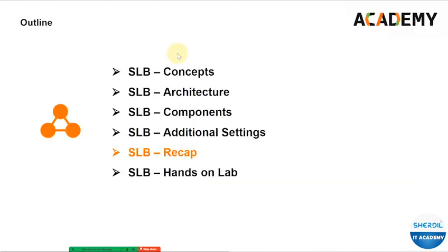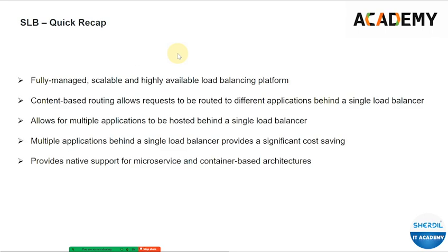Now let's talk about the recap. Fully managed, scalable and highly available load balancing platform. Content-based routing allows requests to be routed to different applications behind a single load balancer.